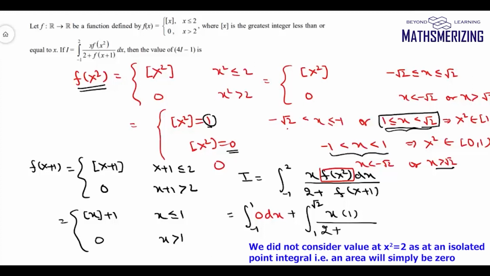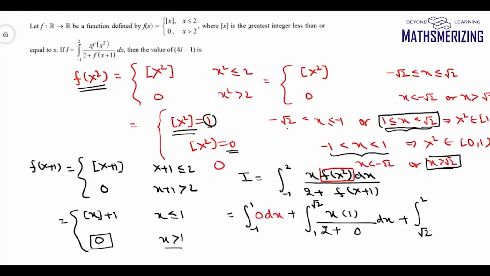Now when x is greater than 1, this value is 0, so the function in this interval will be simply 0, so there will be 0 dx. Then plus the next one, from root 2 to 2, when x is greater than root 2, the value of f(x²) is simply 0, so here also this is 0 dx.